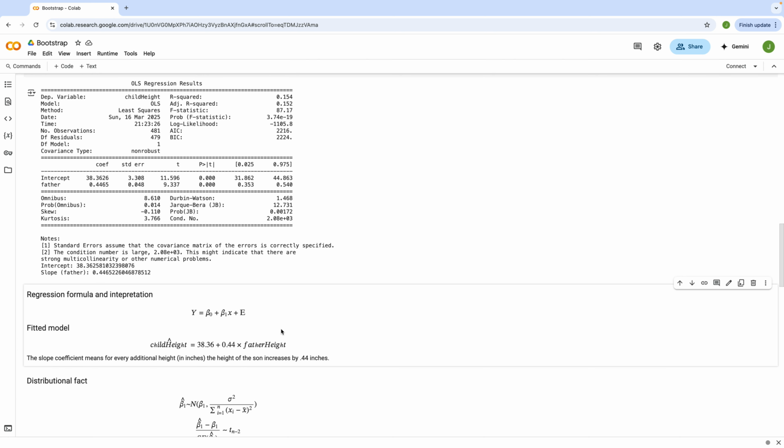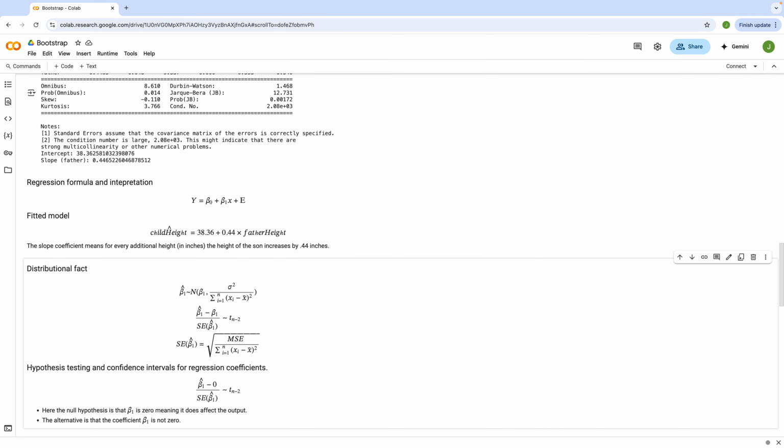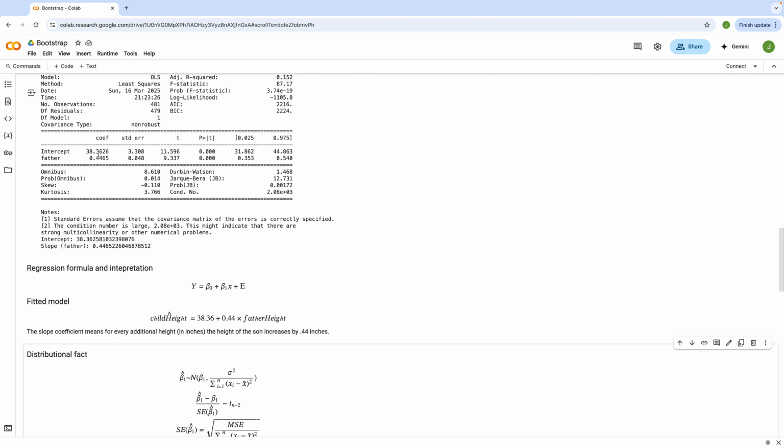In order for the father's height to affect the son's height, and notice all these children are sons because we made sure the gender was male, this slope coefficient of 0.44 needed to not be 0.